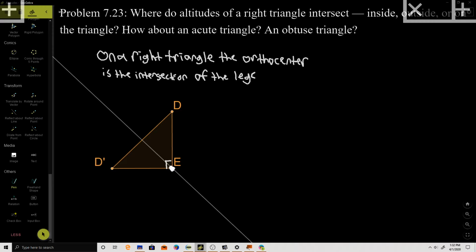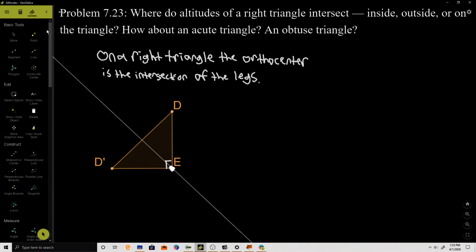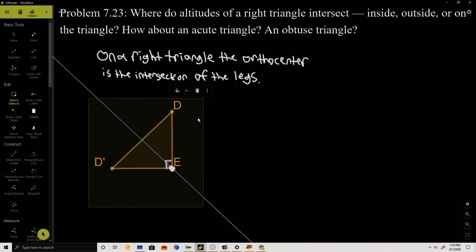Intersection of the legs, or where that 90-degree angle is formed. So now we know where the orthocenter is for a right triangle. Let's try one of the other ones.